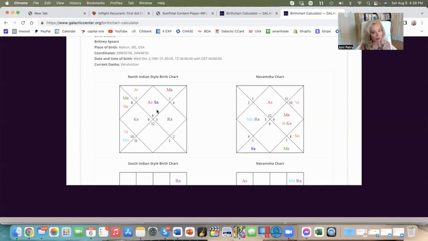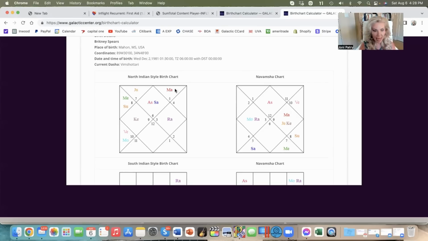And in the natural zodiac, starting from Aries being the first sign, Aries is number 1, Taurus is number 2, Gemini is number 3, Cancer is number 4, Leo is number 5, Virgo is number 6, Libra is number 7, Scorpio is 8, Sagittarius is 9, Capricorn is 10, Aquarius is 11, and Pisces is the last sign of the zodiac, so it's number 12.